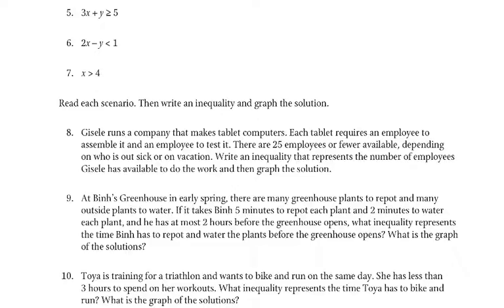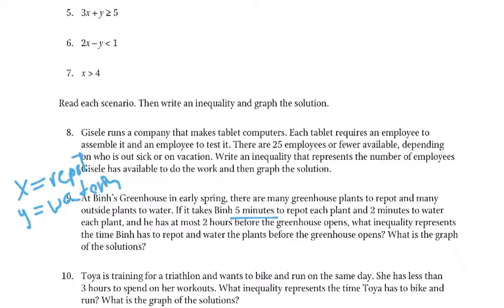Okay, so it takes him 5 minutes to repot, so let's call x repotting, the number of plants he has to repot, and 2 minutes to water, so we'll call y watering plants.